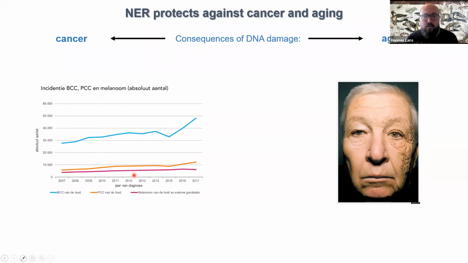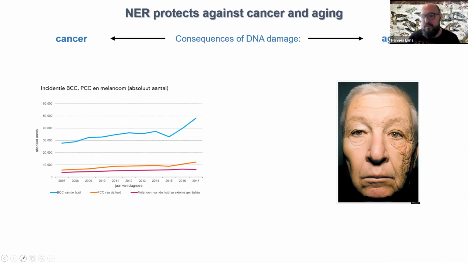The other side of DNA damage is aging, which is nicely exemplified by this famous image of a truck driver who drove his truck for decades with the window on his left side always open. The left side of his face was exposed to the sun, to UV light, whereas the right side was inside the car and shielded.